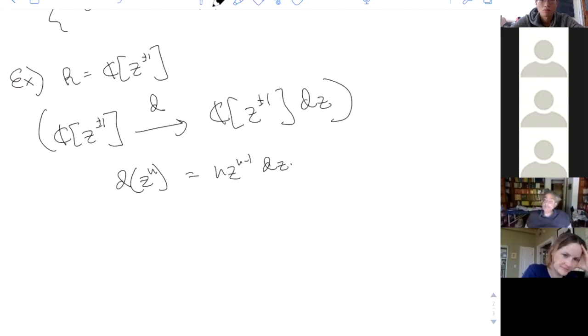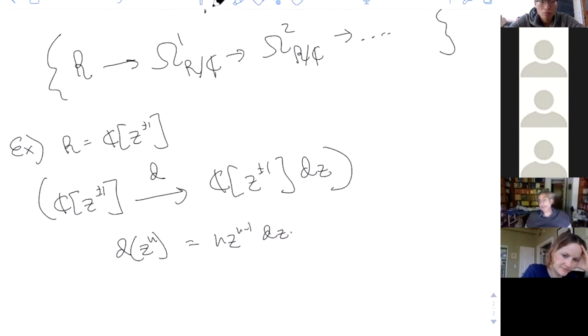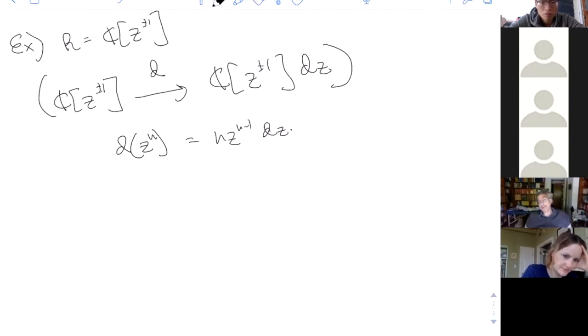We can consider this algebraic de Rham complex, and we can consider its cohomology. So we can define the algebraic de Rham cohomology.